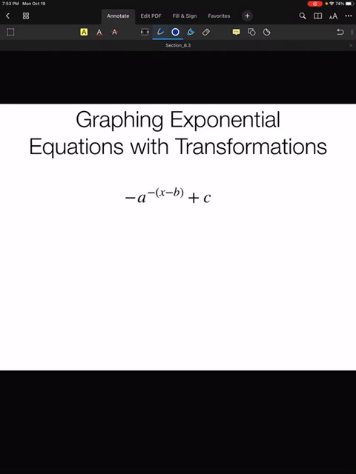So this is my general form, or at least it's a form that illustrates a number of topics. When we're talking about graphing exponential equations with transformations, we're always going to have some sort of base function, and I'll call that f of x. The base function is always going to be the base raised to some power.